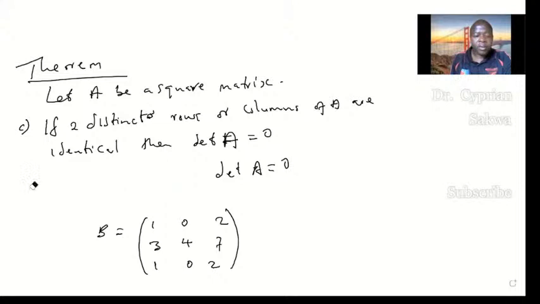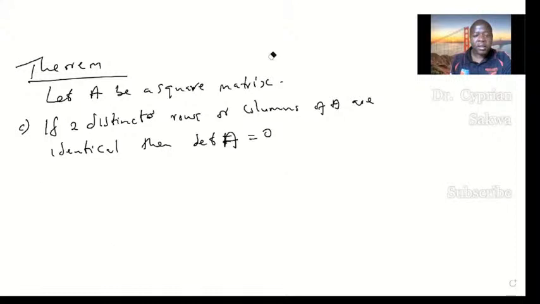Okay, what about part D of this theorem? Part D says that if this matrix has a row of 0 or a column of 0, then the determinant will be 0.